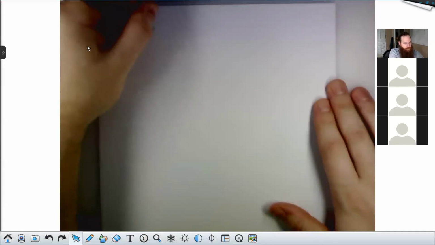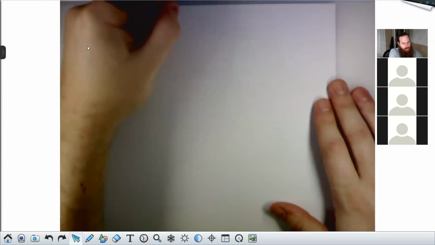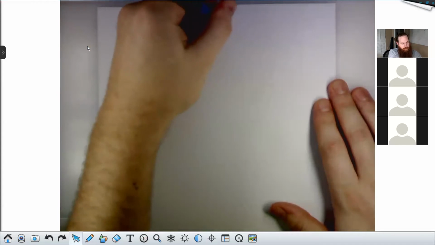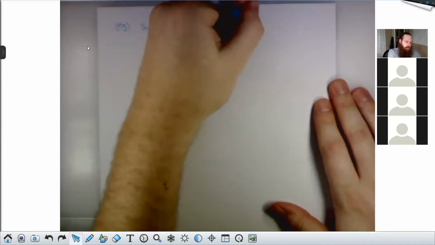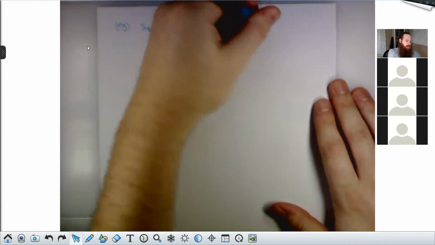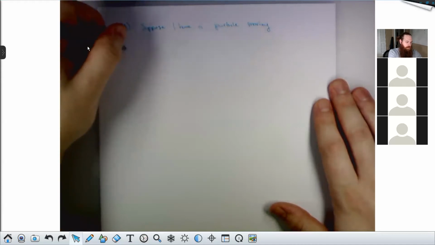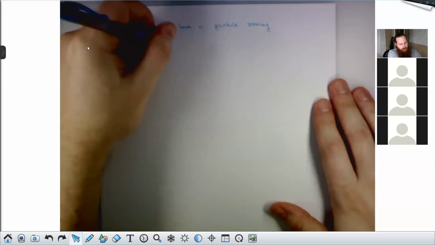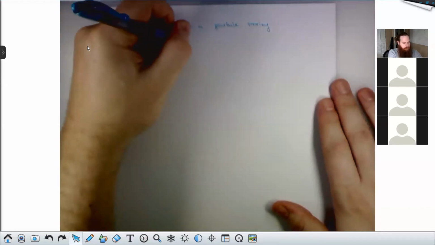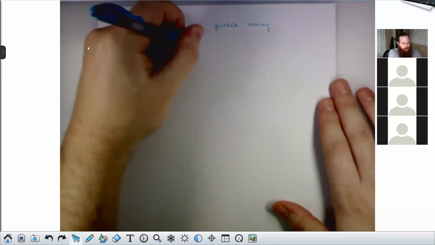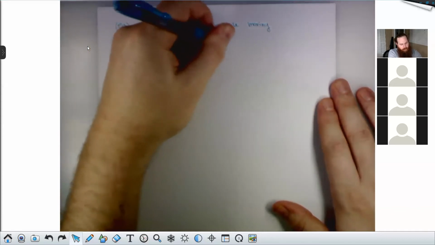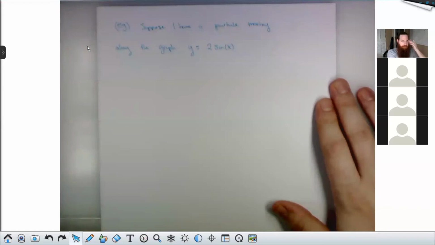Suppose I have a particle moving along the graph y equals 2 sine x.